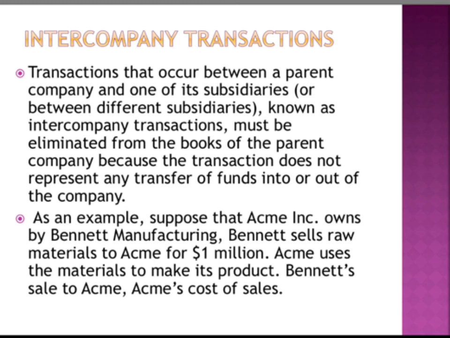So, a company cannot make a profit by selling to itself. Companies often do business with their subsidiaries, and for such companies, intercompany transactions occur frequently. Keeping track of those transactions and making the adjustments can be a challenge for accountants.